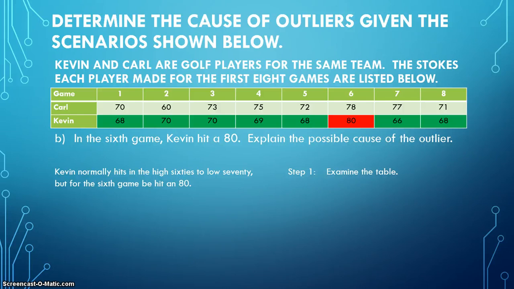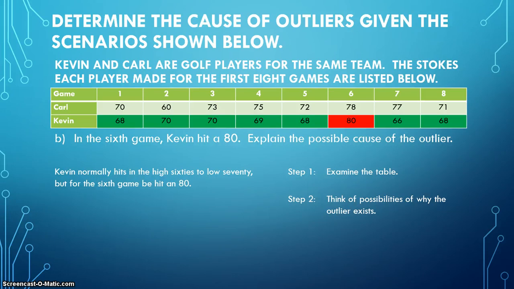And that's very different. Now that we know that, we have to think of possibilities of why the outlier happened. Now, remember, he did worse this time. So it's obvious that he didn't try to cheat, because quite honestly, you want a lower score. So there could have been a mistake in how someone marked it, or how someone read the scorecard.